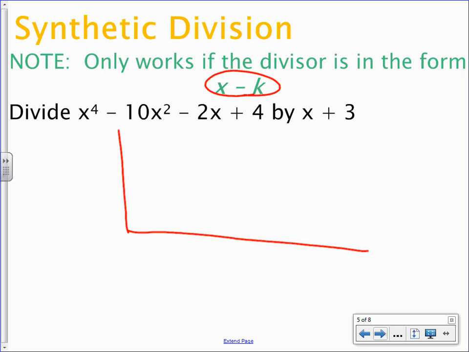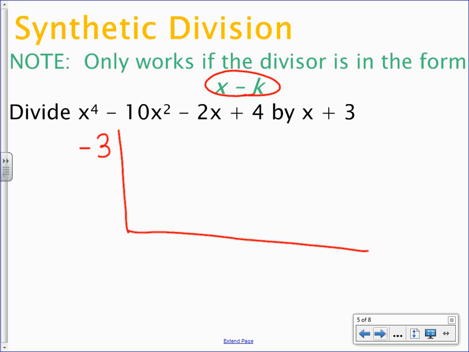So if we have x plus 3, what number goes outside here? Minus 3. We don't have to worry about any x's, right? X plus 3 is our divisor, so negative 3 is out here.